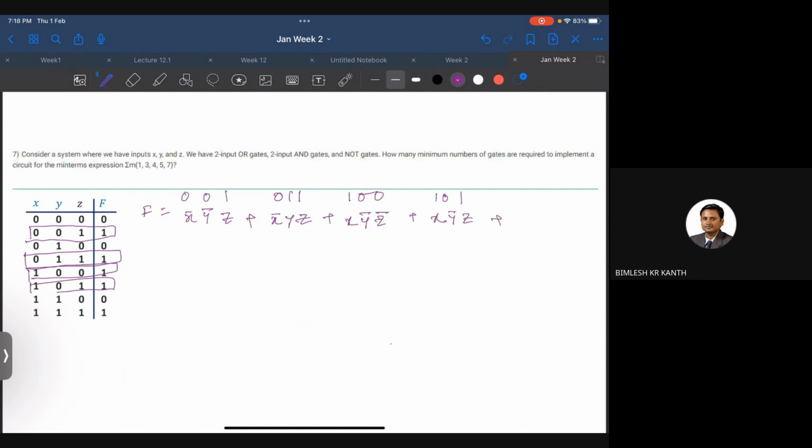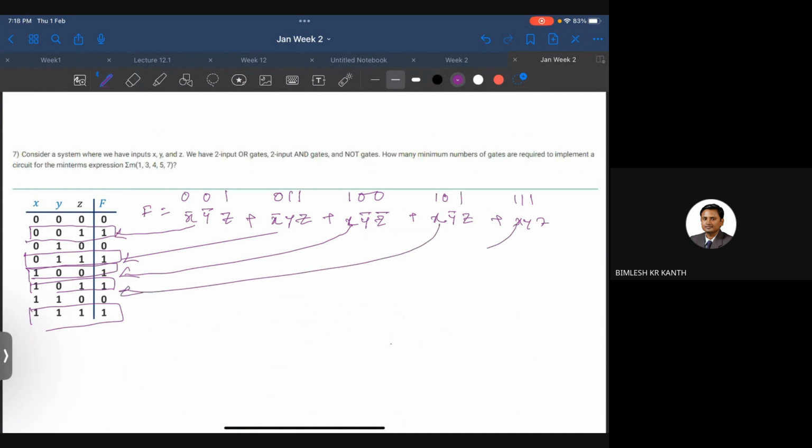Now 7 is the last one. 7 will be 111, so it will be x, y, z. So this is 1, this is 3, this is 4, this is 5, and this is 7.